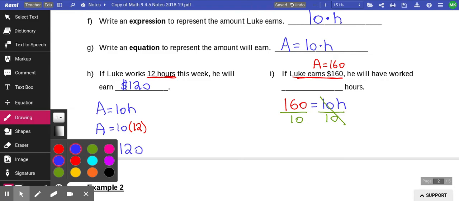On the left side, 160 divided by 10 is 16. And then you have H. Not bad.